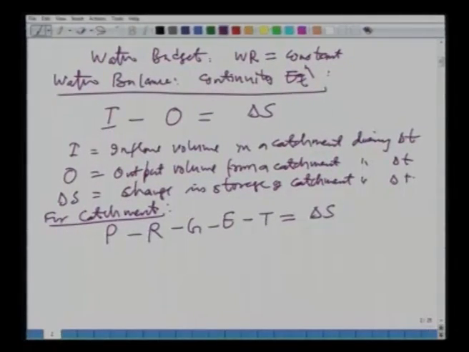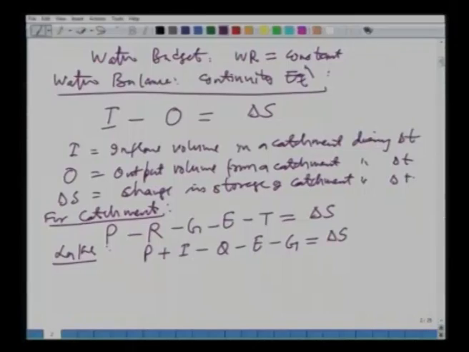and all of that should sum equal to the change in storage in the particular catchment. We can apply this to a lake, in which we will have precipitation on the lake, plus there may be some upstream inflow, water coming as surface runoff into the lake, minus there may be some surface outflow from the lake, there will be some evaporation, there may be some seepage losses, and all of that should be equal to the change in storage.